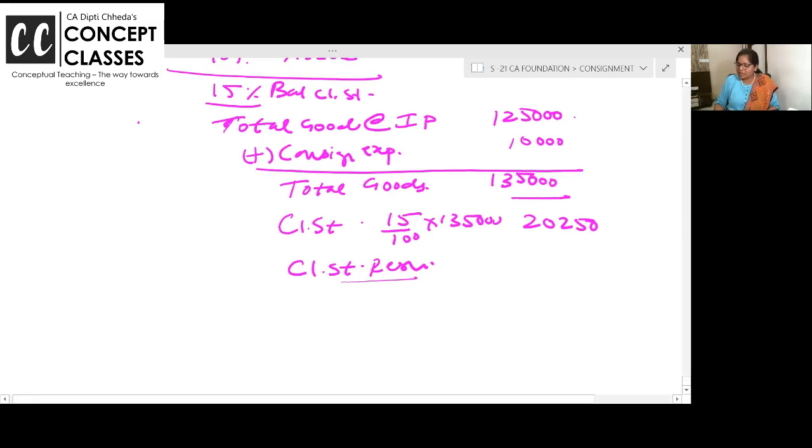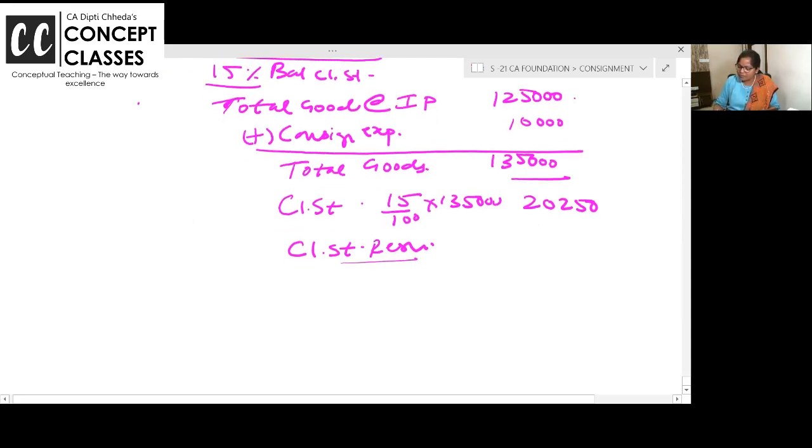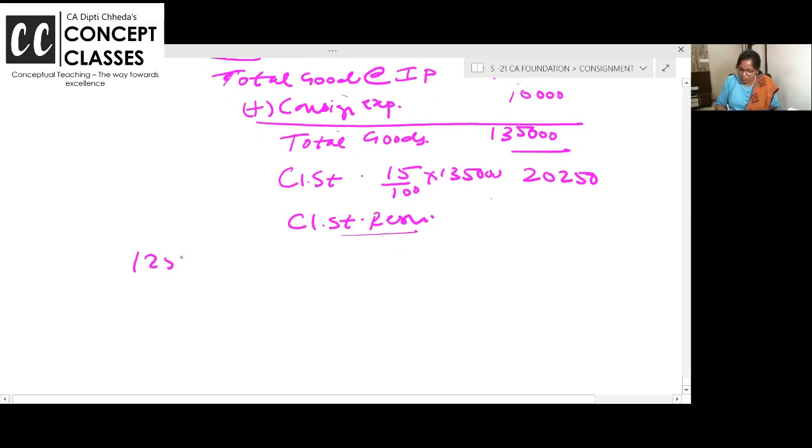You can take the goods at cost and then also add the loading, as I taught you in the previous problem. And this way also you can do it. Invoice price is 125, consignor's expense. So 15% of this is there in stock. So the loading will be 15% of 125. One second. In 125, the loading is 25%.